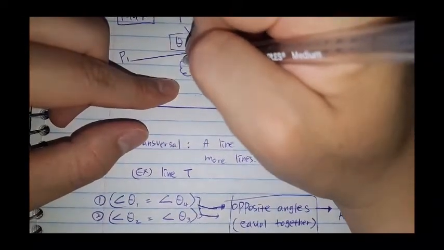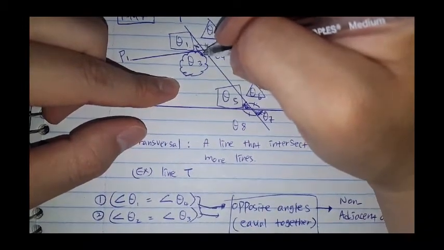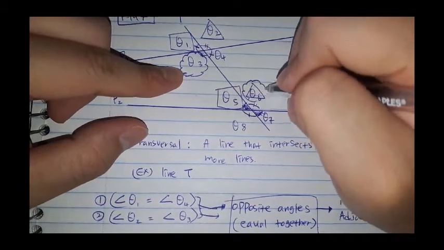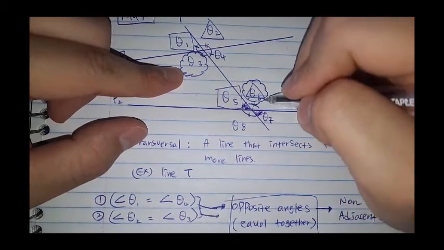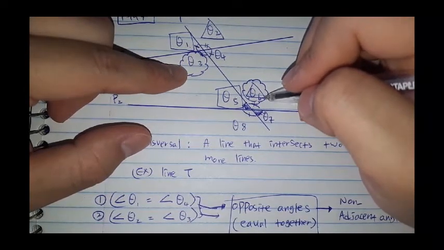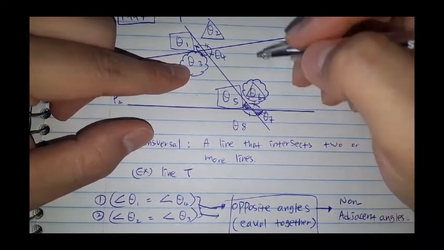I want you to highlight this angle number 3, which is located in the lower left side of the first intersection point. Now, if you look at angle number 6, it doesn't look like they have anything in common, but these two are known as alternate angles, and they are alternate interior angles.